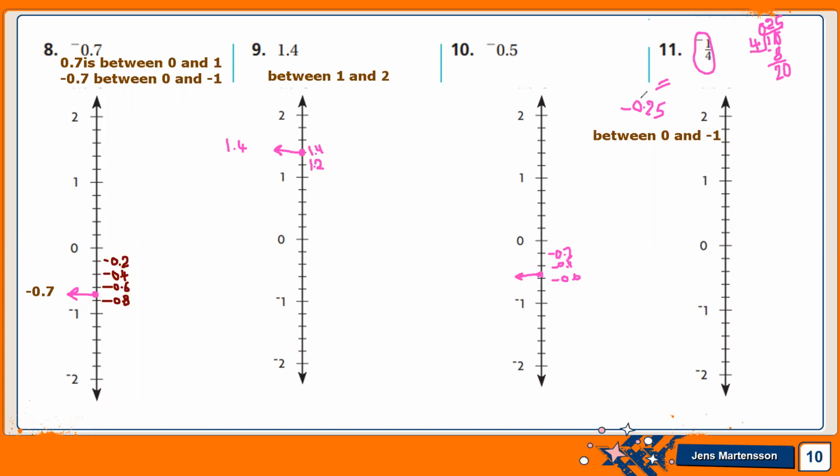Yalla, continue, Marwa. 0, then negative 0.2, then negative 0.4. Bravo. So where is negative 0.25? It's not down. It's between negative 0.2 and negative 0.4. It's somewhere here. Thank you, Marwa.